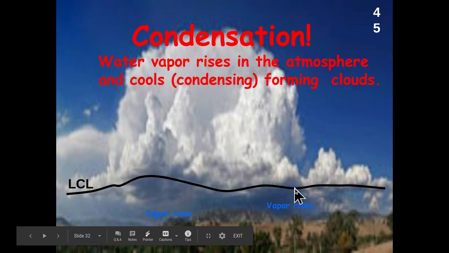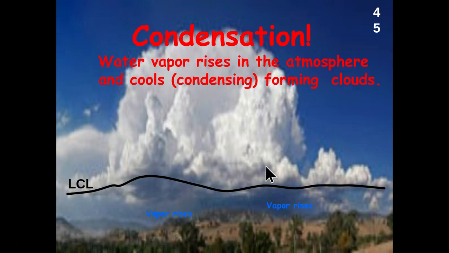It reaches the LCL at 100% relative humidity, reaches dew point, and then it condenses, and now we have a cloud. And so really a cloud, once it gets to the LCL, is a function of condensing, where vapor moves to a liquid.